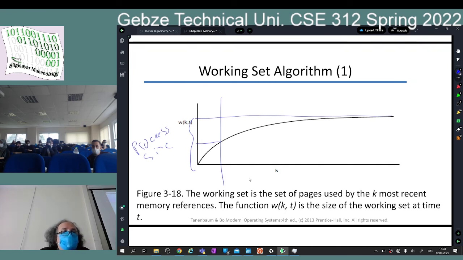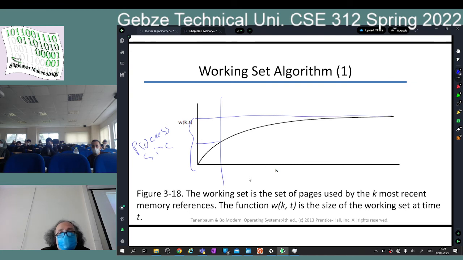And if I add up all the working set requirements of all the processes, and if that number is smaller than my total available memory size, then I have a happy operating system, happy working environment. Otherwise, if these numbers are adding up to be larger than or very close to my total memory size, then I will be thrashing, and thrashing is not a good thing, as we said before.